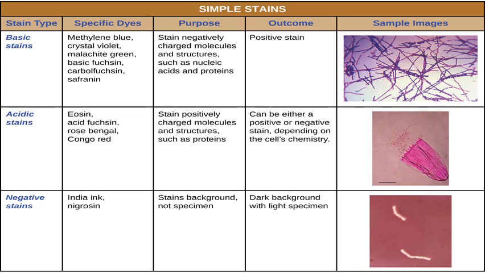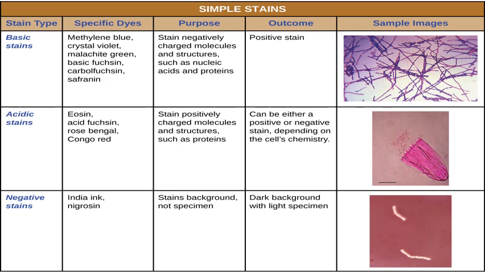Last one is negative stains. The specific dyes used for negative stain are India ink and nigrosin. The purpose of this stain method is to stain the background, not the specimen. As I said in the earlier slide, whatever stain you apply will not be taken up by the microorganisms, but the background will be stained.